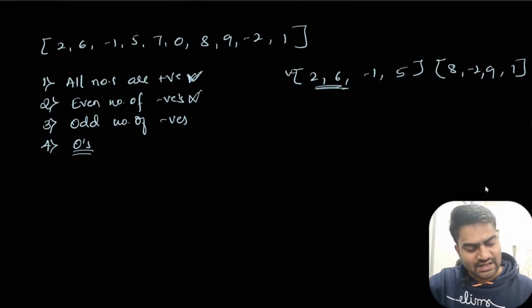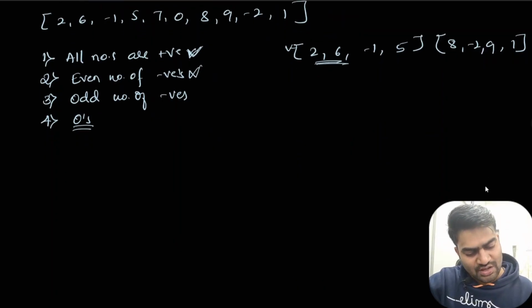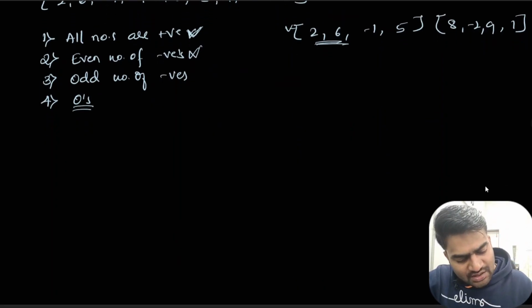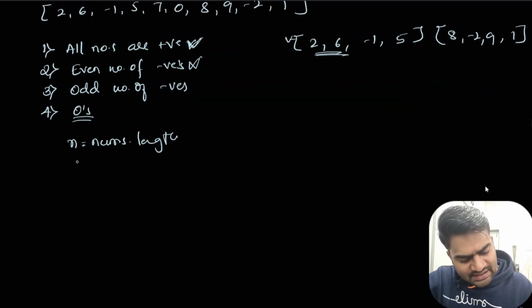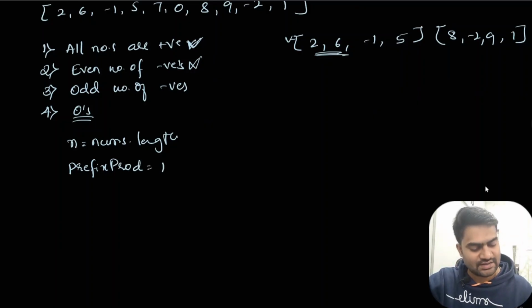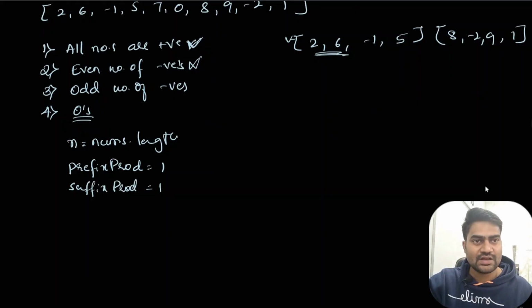Okay, with that, let us look into our pseudocode. So basically, now we will have n equal to nums.length. Now I will take prefix product equal to 1. I will also take suffix product equal to 1.